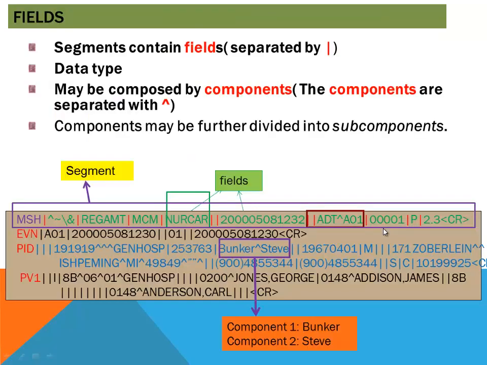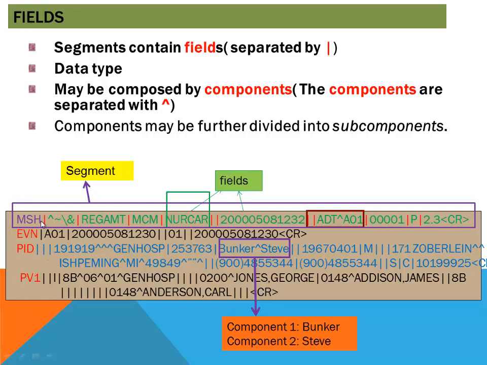Also, the event segment starts from EVN and ends at CR. That's another segment. The third one starts as PID, then terminates here. Also we have the PV1 segment start here, then end here.